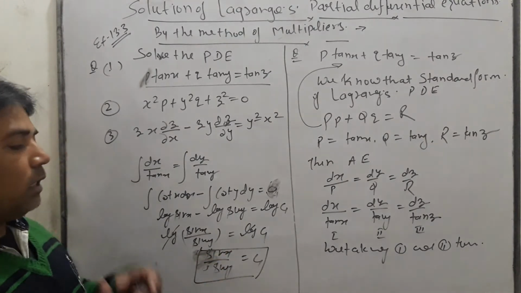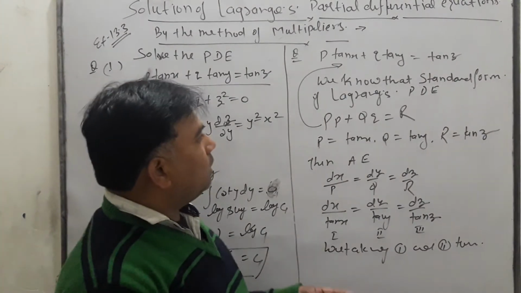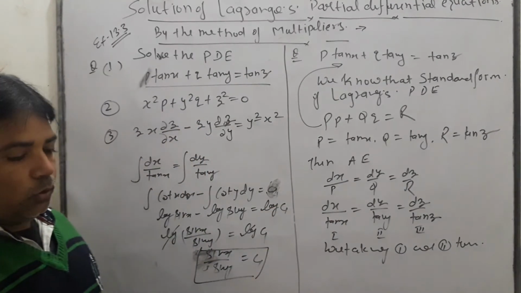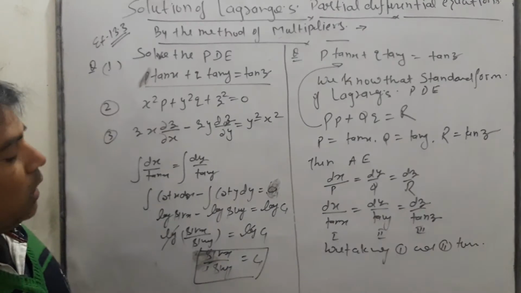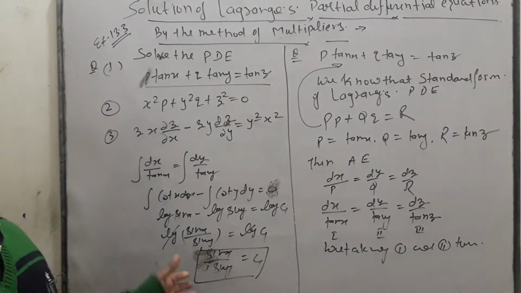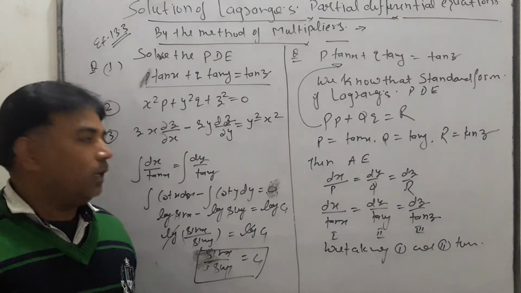After that, you take the next two terms and get the next solution. Both solutions are written in standard form, and together they are the complete solution of the partial differential equation. Please make a note.